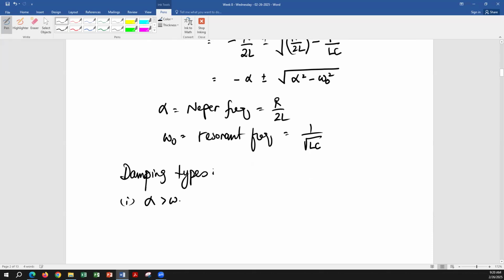Alpha greater than omega naught: overdamped circuits. And for an overdamped circuit, the expression is going to be the same as for the voltage. The current expression is going to be A1 e to the power s1t plus A2 e to the power s2t.